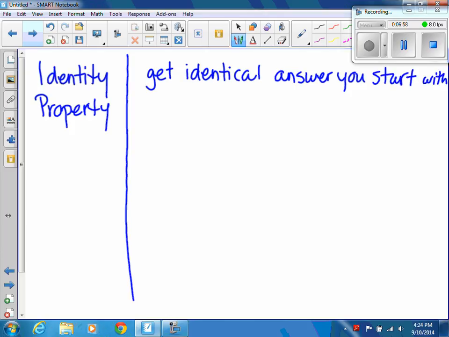So for example, if I have 9 plus 0, when I add 0 to a number, it retains its identity. So my answer is 9. If I had 15 times 1, anytime I multiply a number by 1, it's staying the same number. So that's going to be 15.